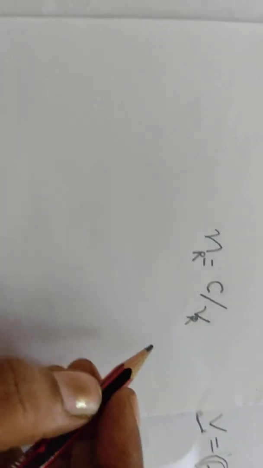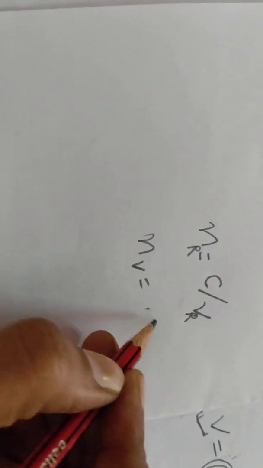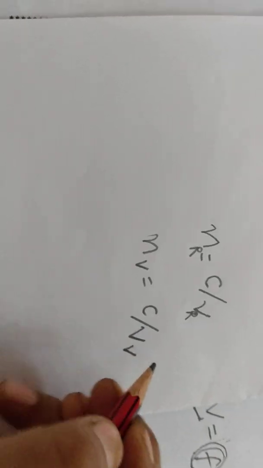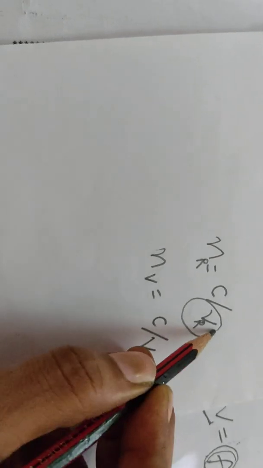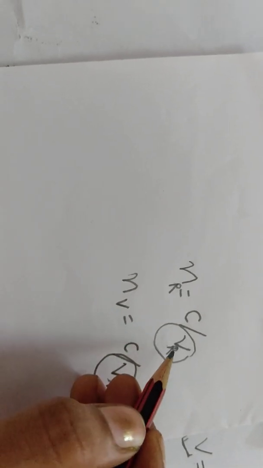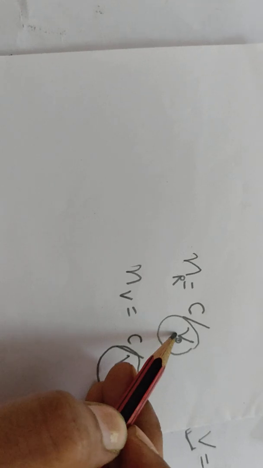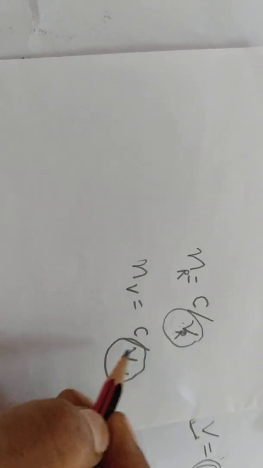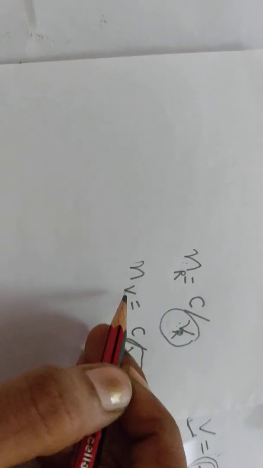And let us say this is for violet color, n_V = c/v_V, where v_V is speed of violet light in glass. We have just seen that speed of red light is maximum in glass. Since n is inversely proportional to v, since v_R is greater than v_V, n_R will be less than n_V.